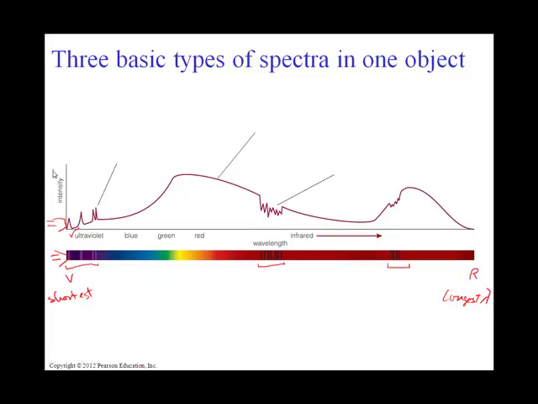Along the y-axis of the graph, we have intensity. If we focus on these lines right here, they appear as black, and notice that the intensity dipped down there. So the graph corresponds to the visual spectra down here.